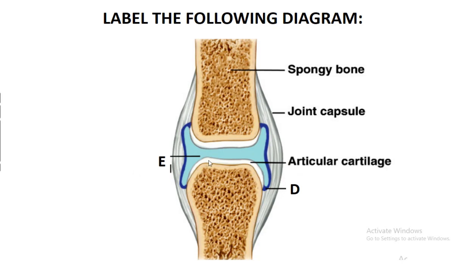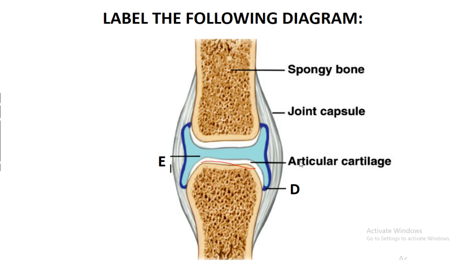If you look at the articular cartilage, which is this part, the articular cartilage is a type of hyaline cartilage. But in this case, it does not have the perichondrium. Remember that the articular cartilage does not have a perichondrium, and it is avascular.